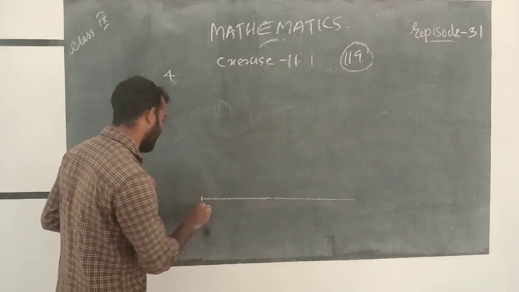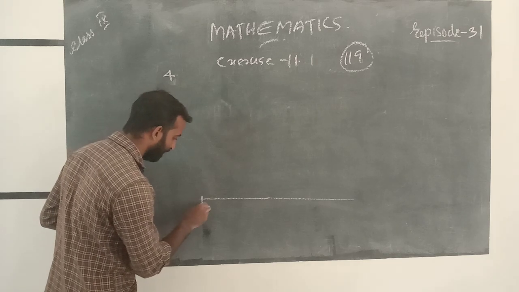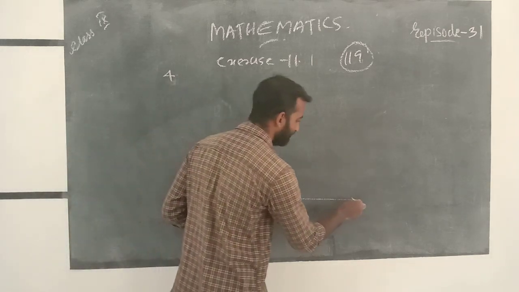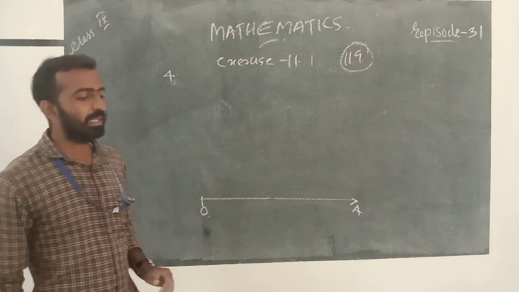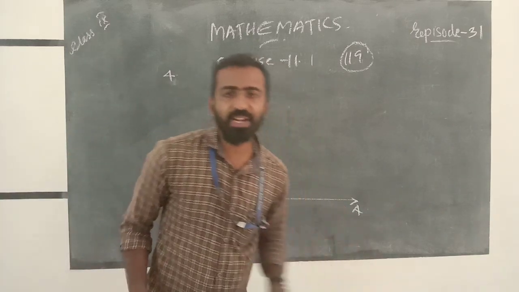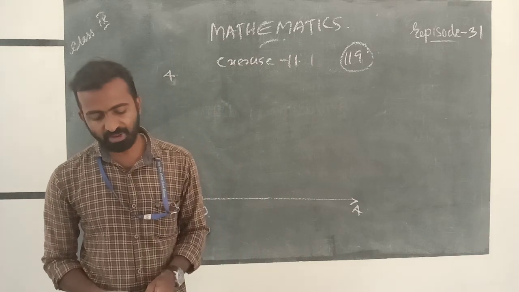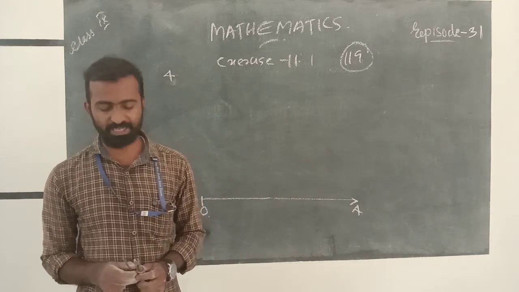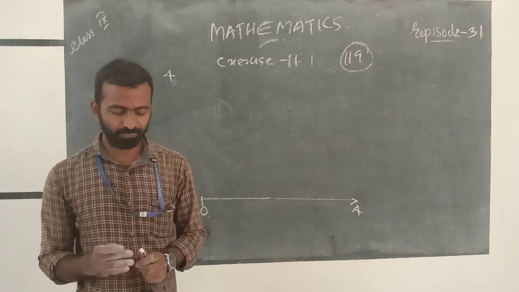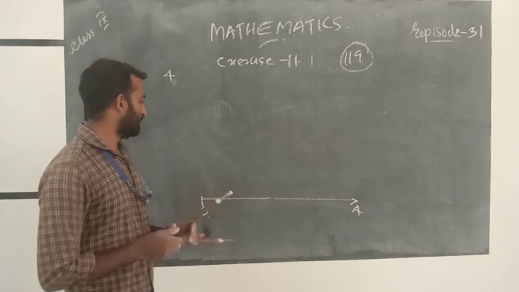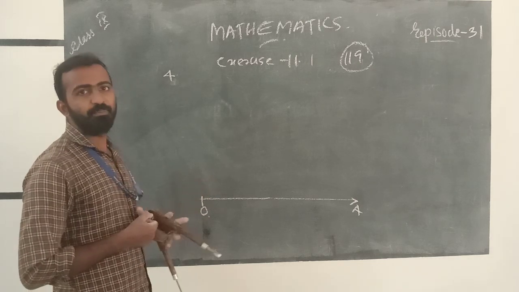Name the ray OA. Next we want to draw 75 degrees. So first we draw the 90 degree angle. For 90 degrees, we draw an arc centered at O.